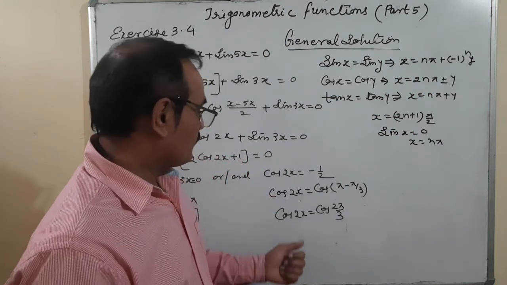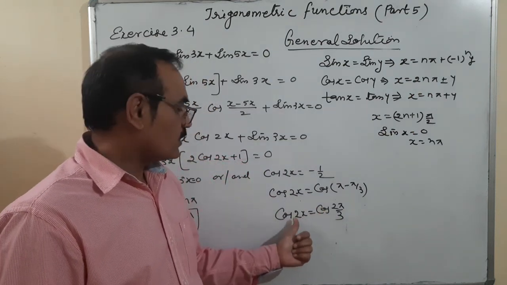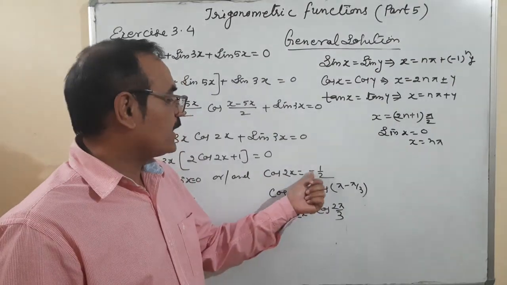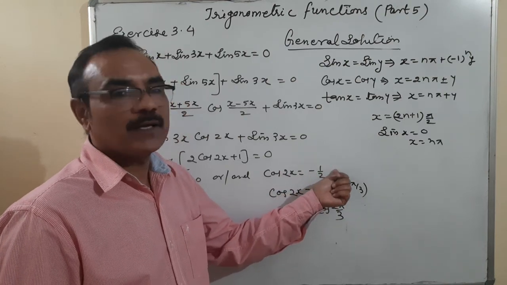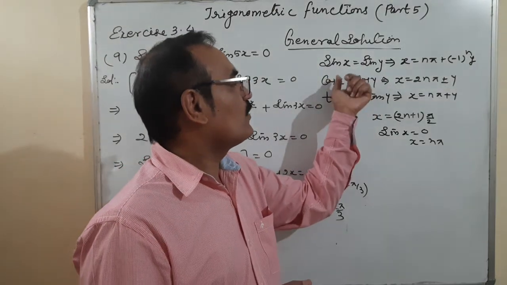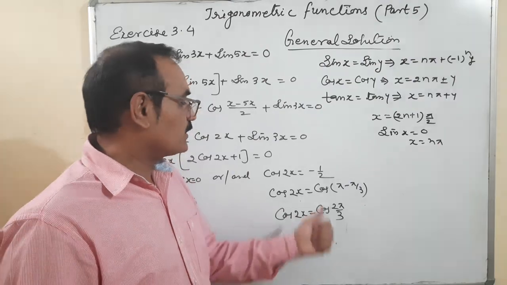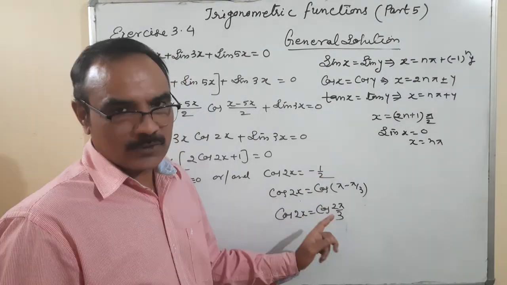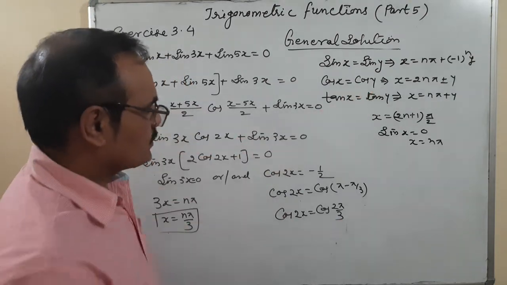You may be thinking, why are we taking it in the form cos x is equal to cos y? We cannot directly put the value minus 1 upon 2 here, so we cannot write cos 2x is equal to minus cos pi by 3. Our general solutions are in the form where all the terms are positive, so it is better to first make this term positive. That's why we are making it positive. Cos 2x is equal to cos y, x is equal to 2n pi plus or minus y.